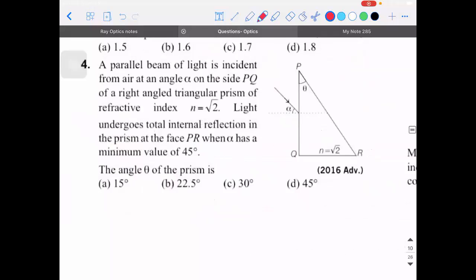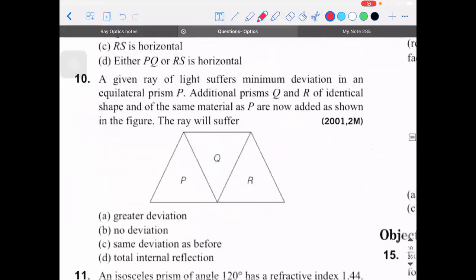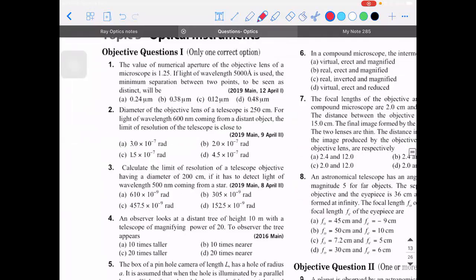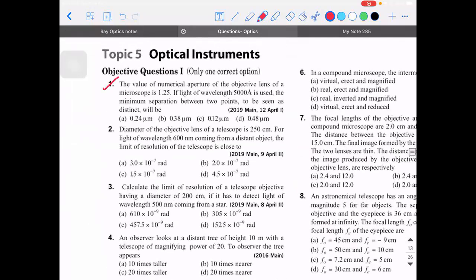Okay. The last concept of this chapter. Let's look at optical instruments. The value of numerical aperture of an objective lens of a microscope is 1.25.